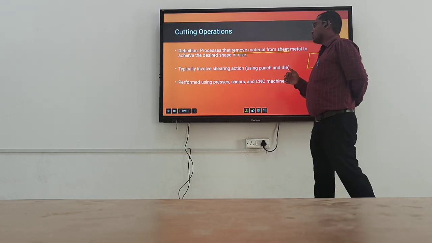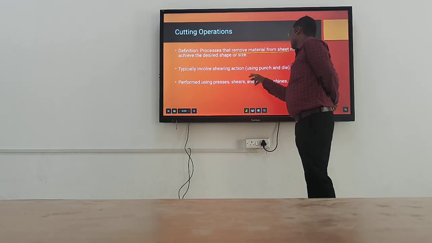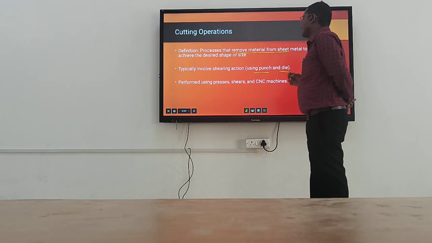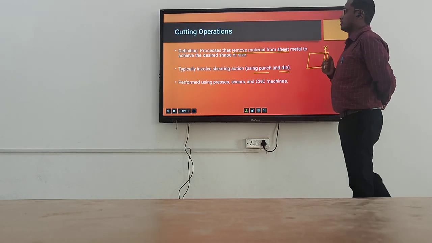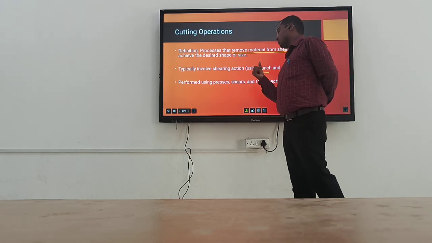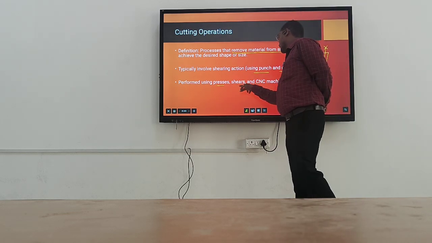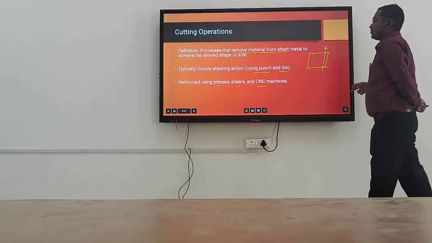In cutting operation, we basically use punches and dies. These are used in manual operation. Otherwise we perform it in press, shear, and seaming machines.